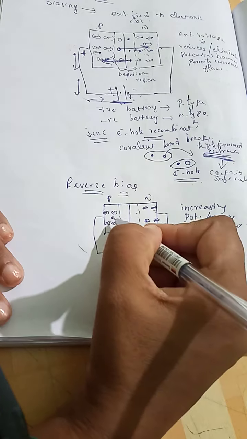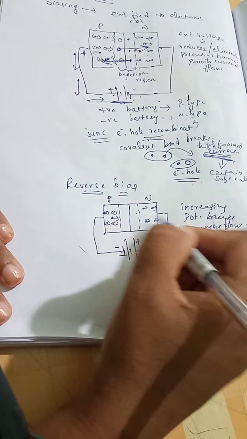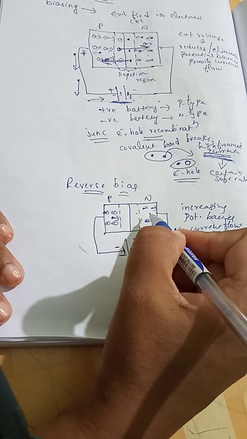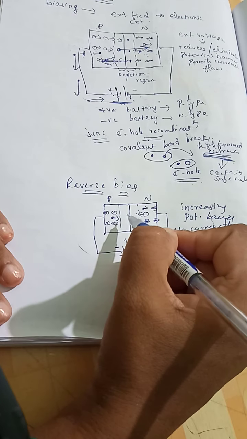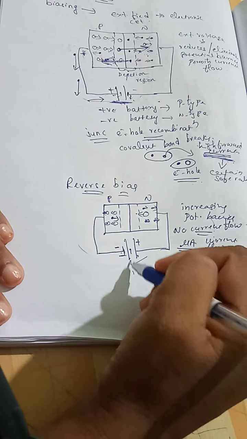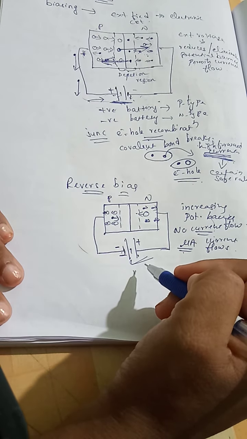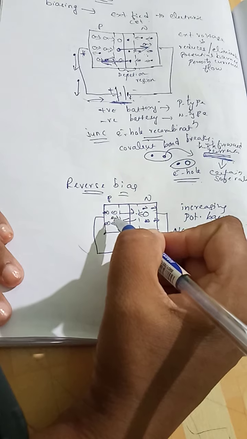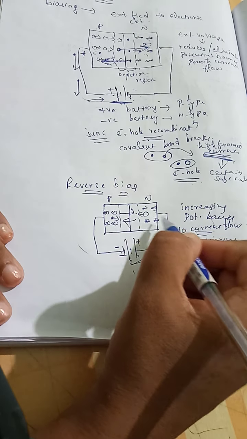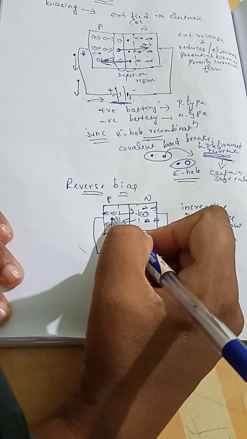This negative terminal will repel the electrons towards the junction. Similarly, in N, minority carriers are holes, and the positive terminal will repel the holes towards the junction. If we go on increasing the reverse voltage, then at one particular reverse voltage these minority carriers cross the junction, and electrons enter into the N region, holes into the P region.